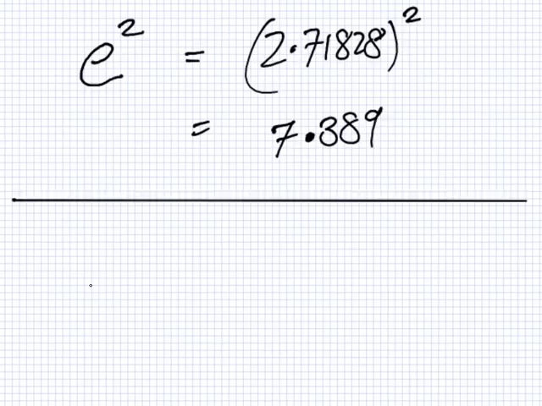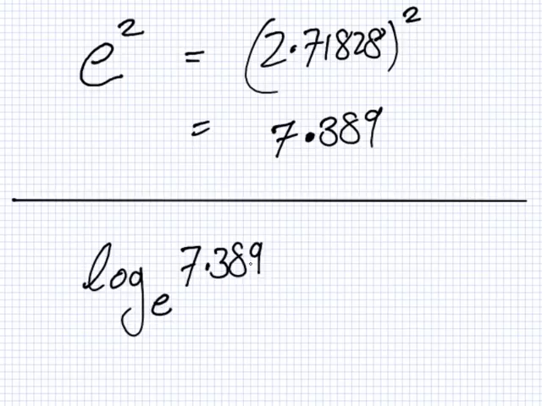You could say log base e of 7.389. So this is asking e to what power makes 7.389, and we know the answer. What is it? 2. Yeah, because from the previous, e to the power of 2 makes 7.389.